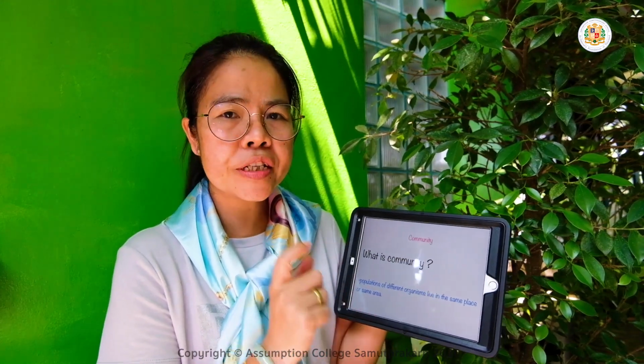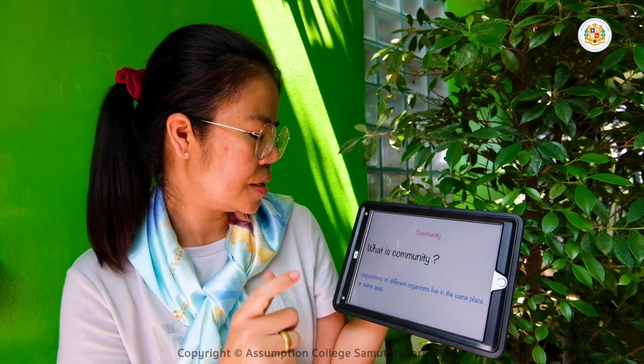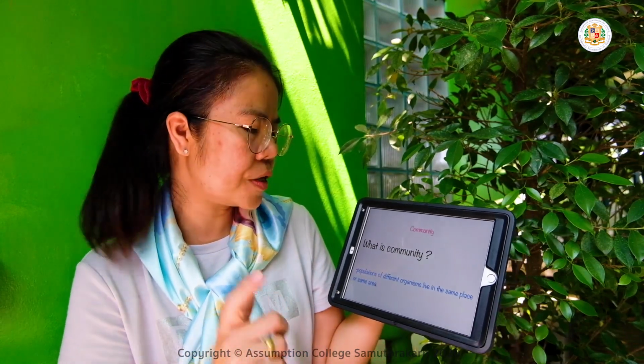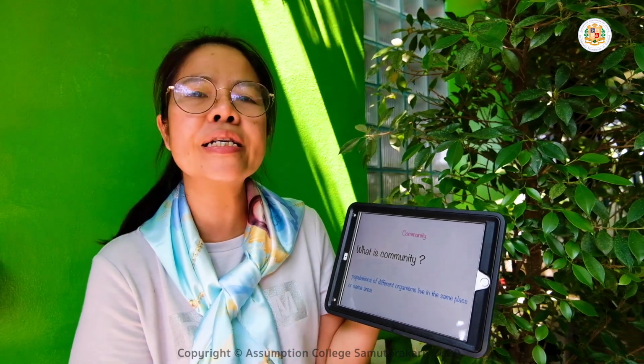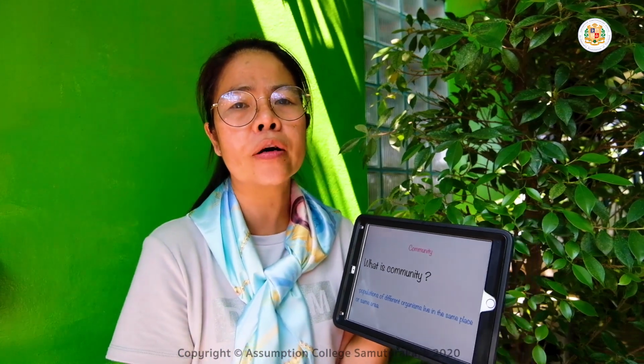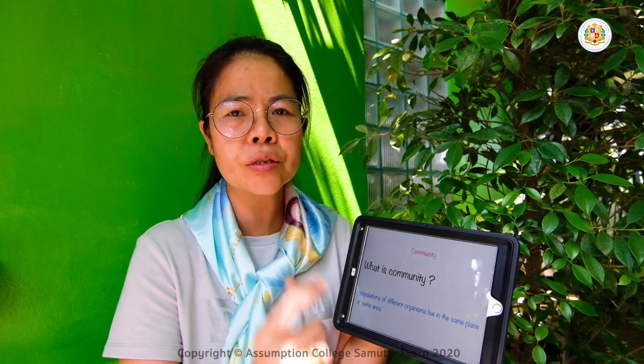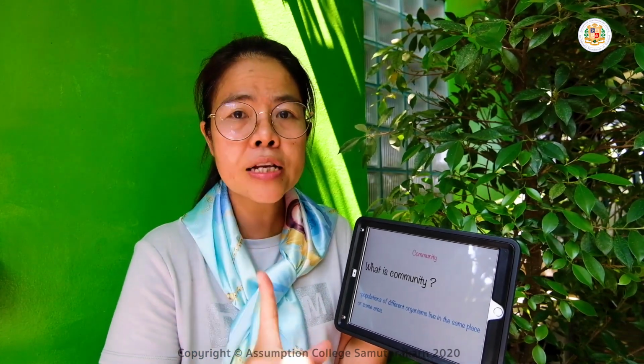Community. What is a community? The community is the populations of different organisms living in the same place, the same area. But I have told you before, a community is a group of living things staying together, but different species, different kinds.